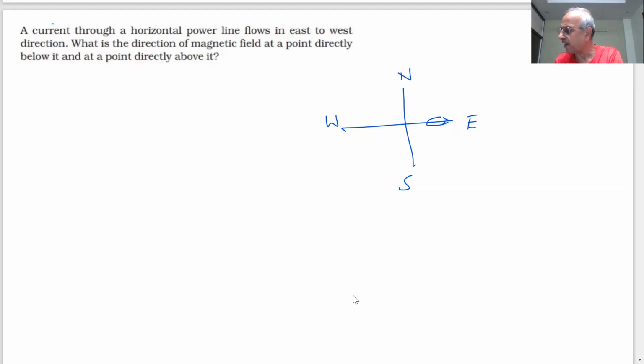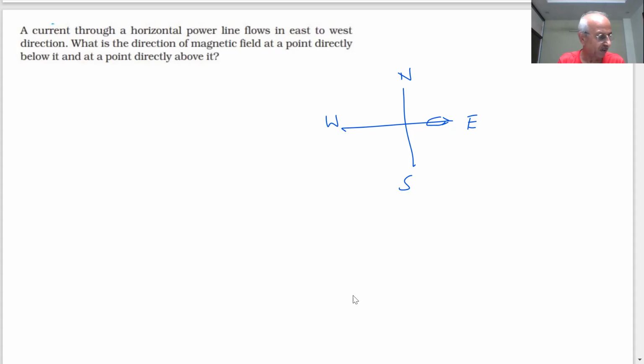So the direction can be determined anytime by using the right hand rule which we have shown you. And you have seen how the iron filings arrange themselves when you pass an electric current through a straight wire. What happens if I reverse the direction? And what do I use?